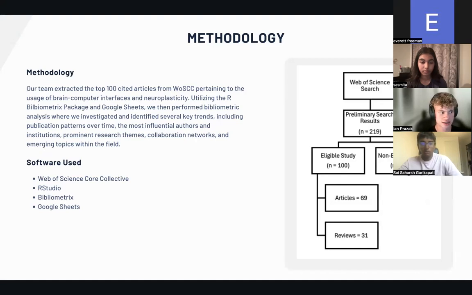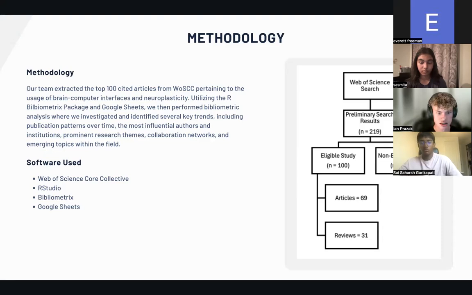These key trends had to do with publication patterns over time, most important and influential authors in BCI research contemporarily, the institutions, research themes, collaboration networks between authors, such as which authors cited other authors and their prominence and relevance to the field, and additional emerging topics within the field and how the field is dynamically changing.